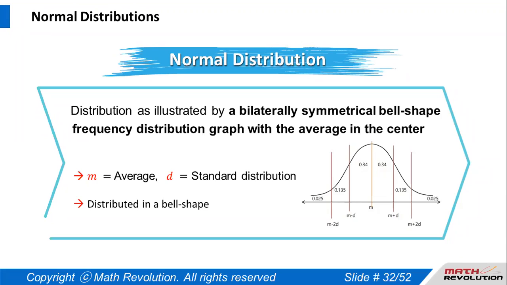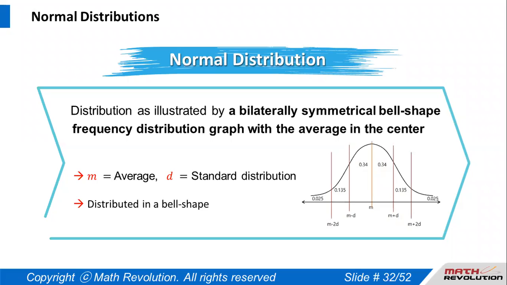When you move towards the right, you have one standard deviation, two standard deviations. When you move towards the left, you have minus one standard deviation and minus two standard deviations. So suppose mean is 40 and standard deviation is given as 5. When I move to the right, I'll say 40 plus 5, then 40 plus 2 times 5. Going to the left, I'll go 40 minus 5 and 40 minus 2 times 5. So this was the basic that we always talk about when it comes to normal distribution.